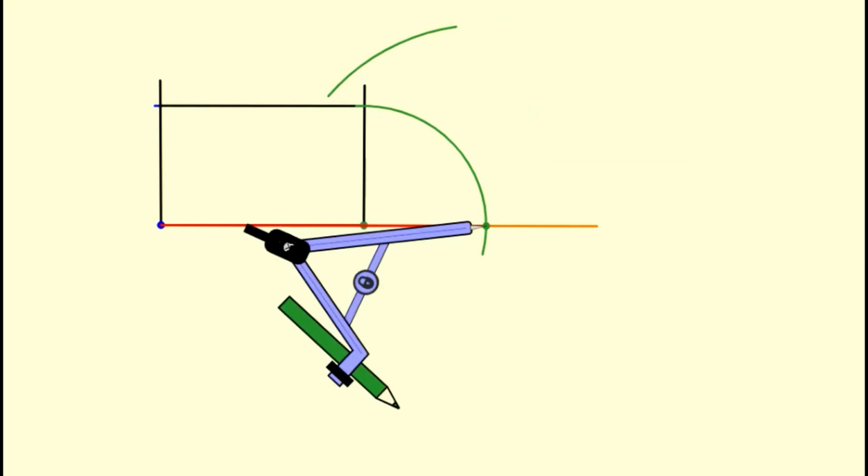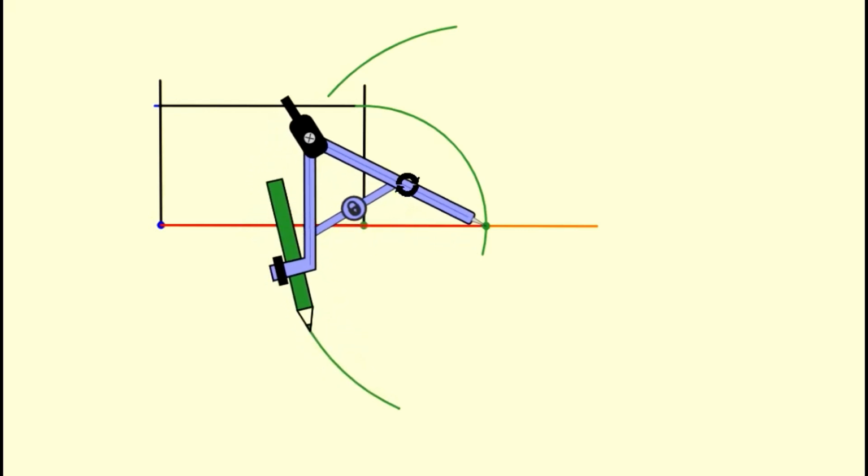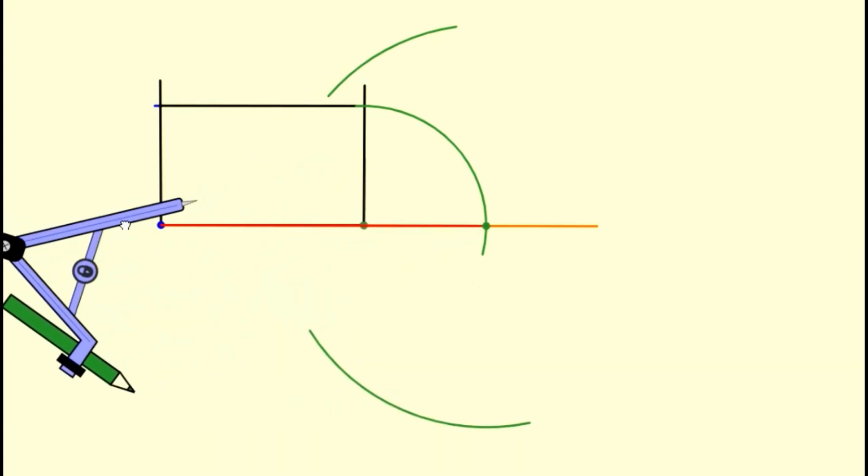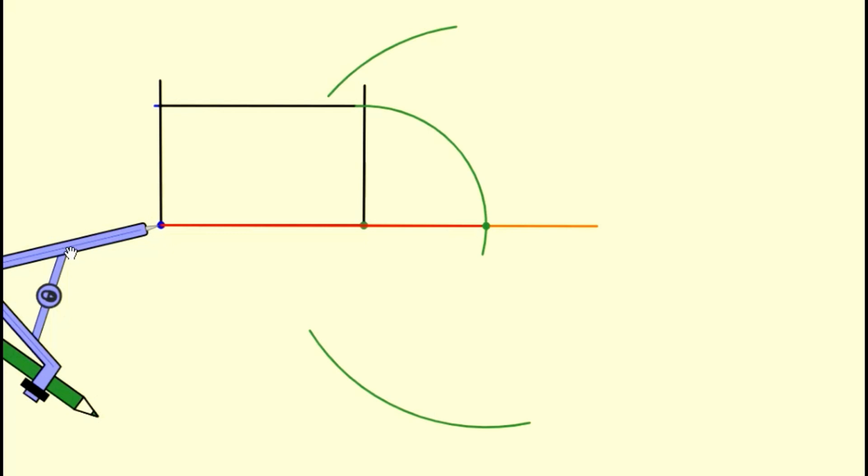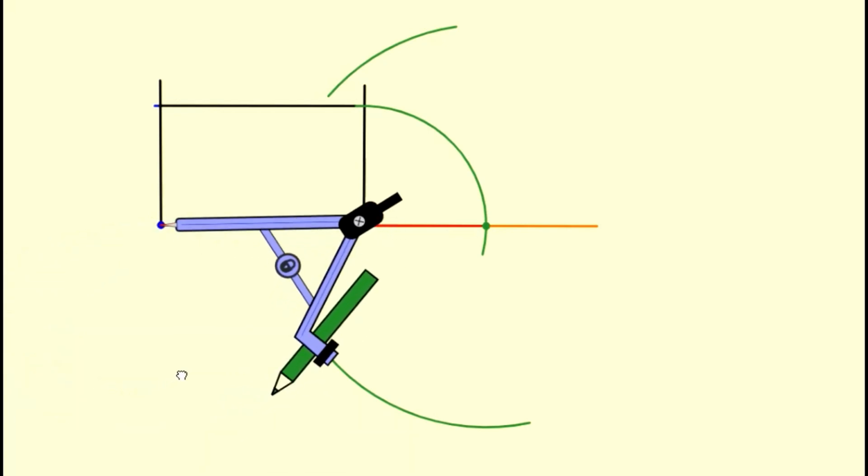Put the compass at one end and draw arcs on both sides. To put it at the other end, taking the same radius, again draw arcs on both sides.